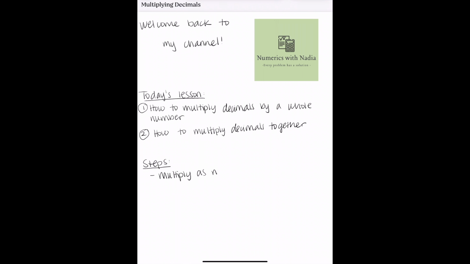All right, you guys, let's go over the steps on how to multiply decimals. We're going to start with how to multiply decimals by a whole number for part one. The first step, you're just going to multiply as normal, as if we're multiplying regular numbers. And then we're going to count the number of place values from the decimal point and just add it in at the end.